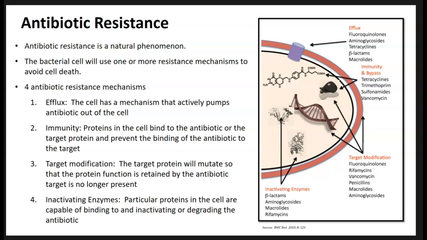Those enzymes that are the target of the antibiotics can also develop mutations so that the antibiotic drug no longer targets the enzyme, but the enzyme is still able to do its important job in the cell. Also, many bacteria produce inactivating enzymes, proteins that are able to degrade or inactivate the antibiotic drug itself.